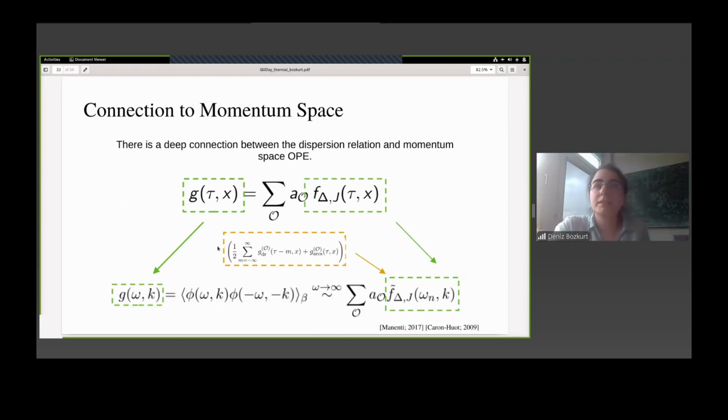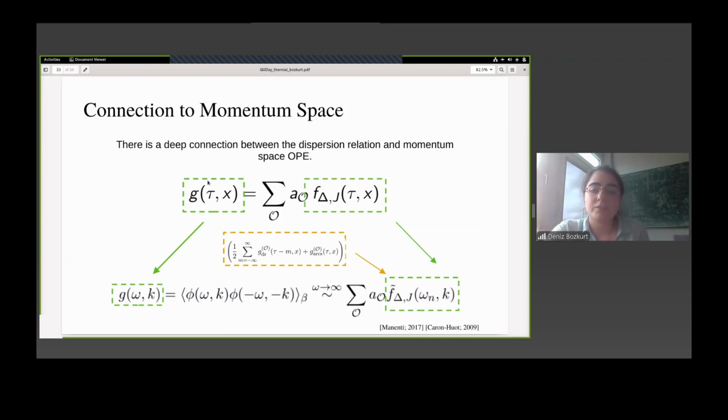Finally, before finishing, I want to point out a curious connection between the momentum space correlator and the position space correlator. Previously, people wondered, since this whole talk was about the OPE in position space, whether we have any notion of an OPE in the momentum space.